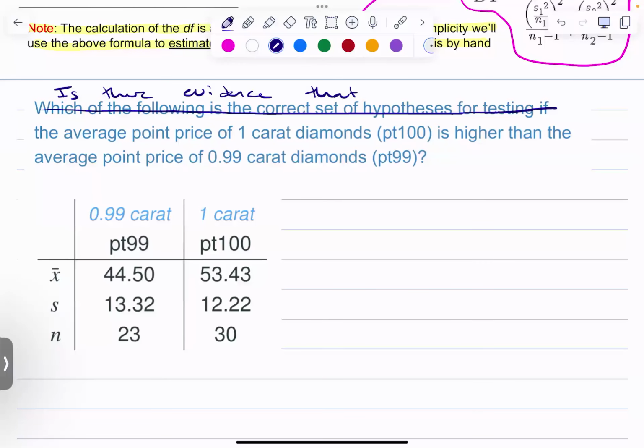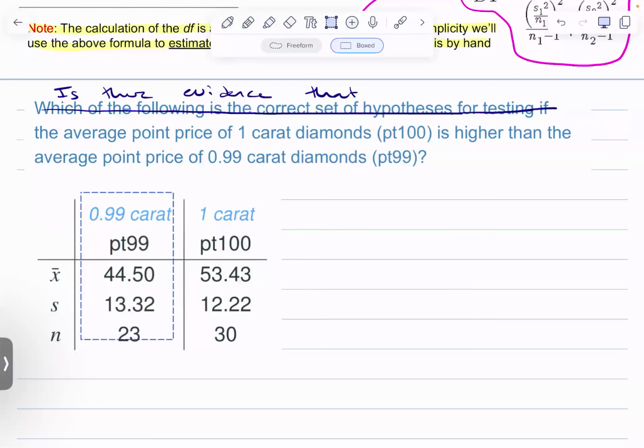Do you see the problem? They don't match. Here we're introducing 1 carat diamonds followed by the 0.99 carat diamonds, and here we have 0.99 followed by 1. And I just want them to match. How about this? I'll do this instead.